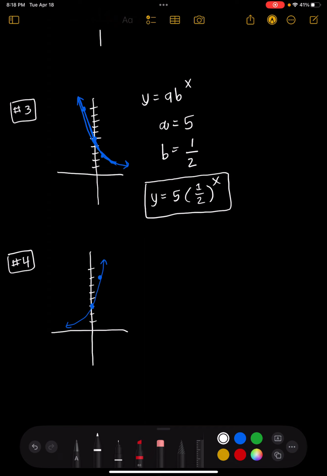Now, if that is a little bit hard for you to understand, we can always do it with writing exponential equations, which is what we're going to go over in the next video. So if you feel like, hey, I'm not super sure about how to figure out the b, or the rate of change in these things, I want you to skip over to the 11.6 video and watch that.